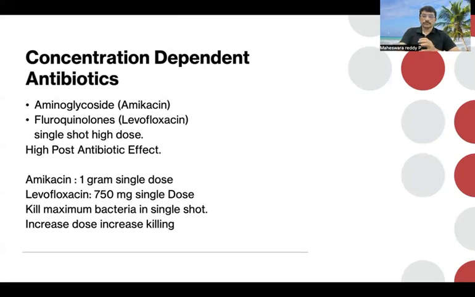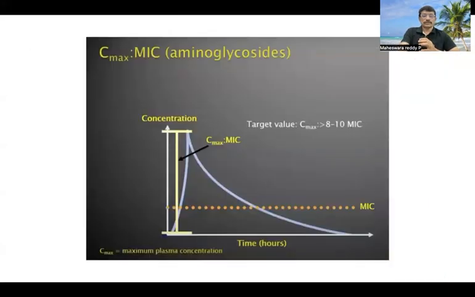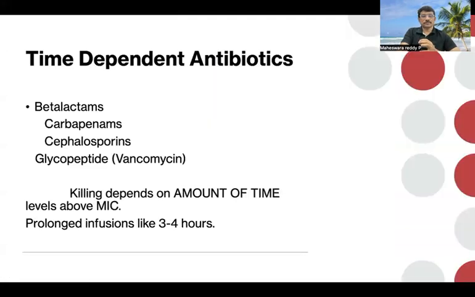This is the graph of the MIC. This is the concentration of the drug above the MIC, almost 10 times that of MIC, so that it can kill the maximum number of bacteria. In the case of time dependent, the plasma concentration should not be very high above the MIC. It should be just above the MIC, but the catch is that it should be a prolonged infusion over a period of 3 to 4 hours to kill the maximum number of bacteria.